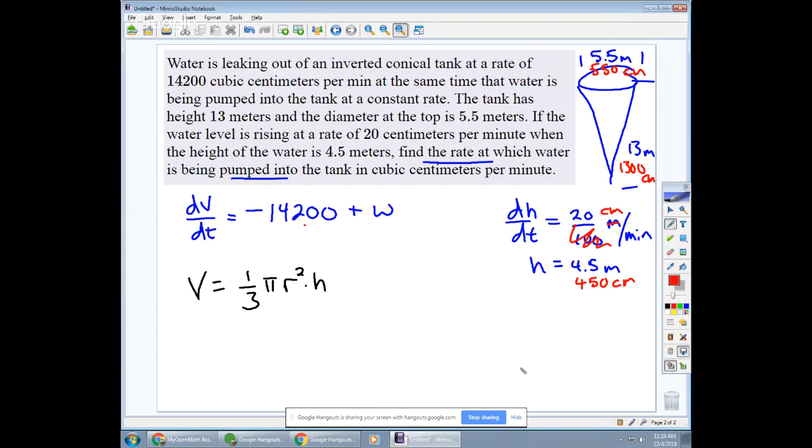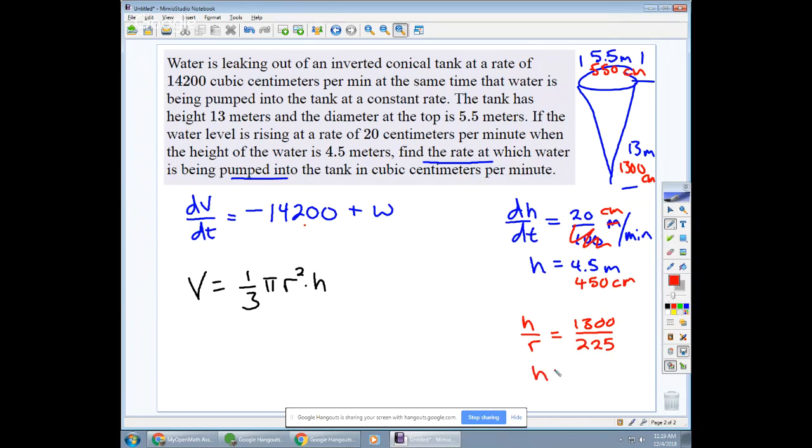So if we just look at the ratio of height to radius, then I get 1,300 compared to the radius, which is 225.